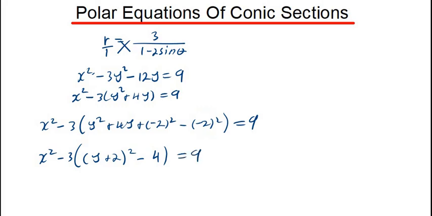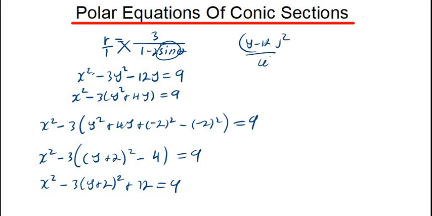So you can distribute the minus 3. That's going to be x squared minus 3 times y plus 2 squared, plus 12, equals 9. Before I even continue, considering the sign here, we expect it to be oriented on the, sorry, on the y-axis. So we should expect the y variable to be on this side, as in y minus k squared divided by a squared minus x minus h squared divided by b squared equals 1.